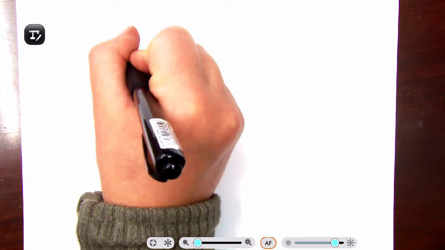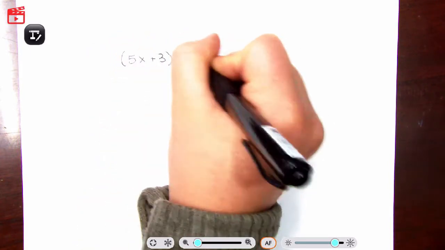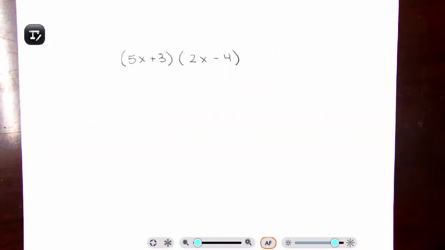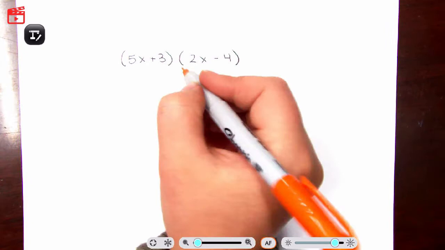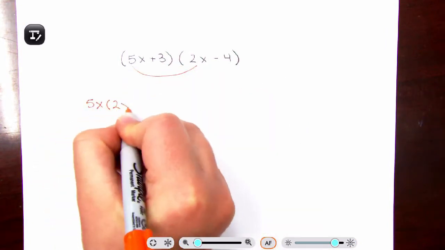We're going to do that one more time. I'm going to get another sheet of paper. Let's multiply this one more time. Let's say I have 5x plus 3 times 2x minus 4. So to FOIL this out, you're going to do your first terms first, so 5x times 2x.